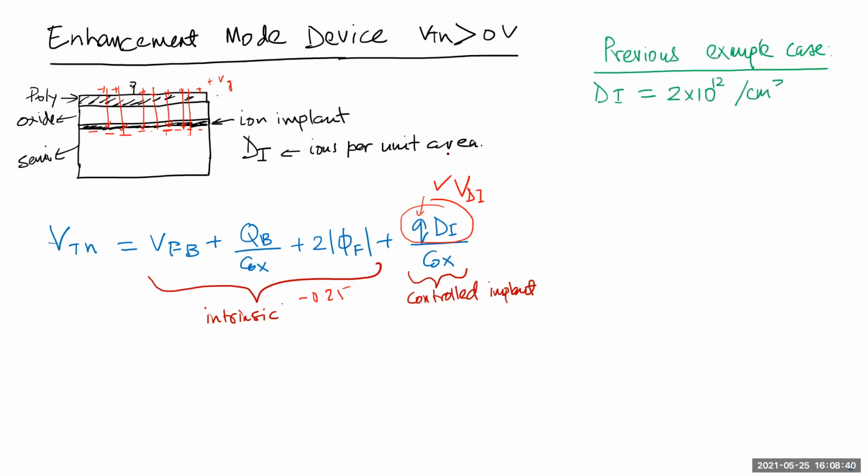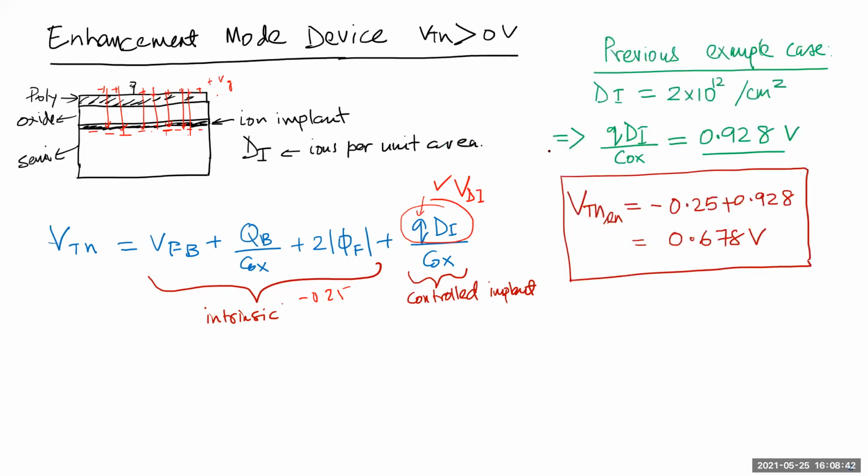So let's take an example here. If you take the previous example, remember it came out to be minus 0.25. Let's say we want to engineer this. So I'll do the reverse, and we want to get a 0.678 volt threshold voltage, right? Which is typical, like a 0.18, 180 nanometer device will have about 0.68 volts, which means that I need to make this term equal to 0.928.